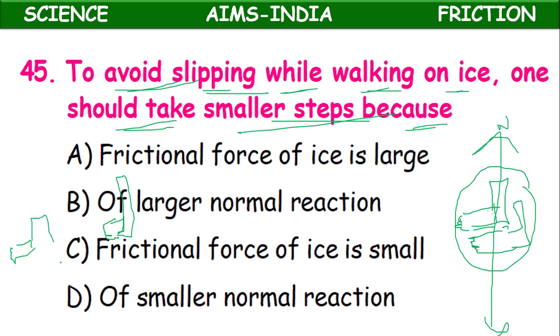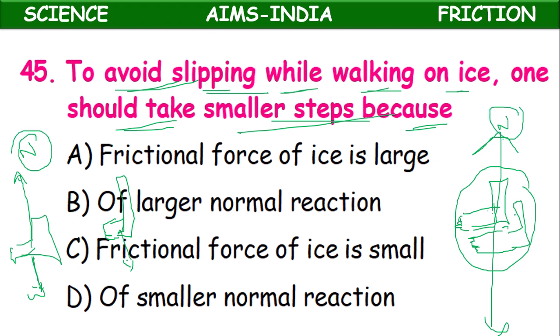what happens? These two are different. With only one leg you are pressing the land, so only the normal reaction because of one leg will be created. Here the normal reaction will be less compared to this.